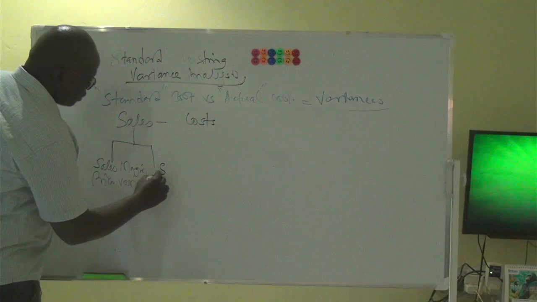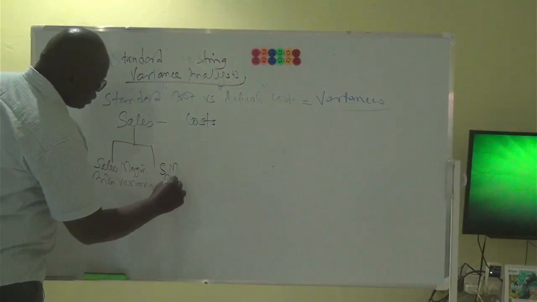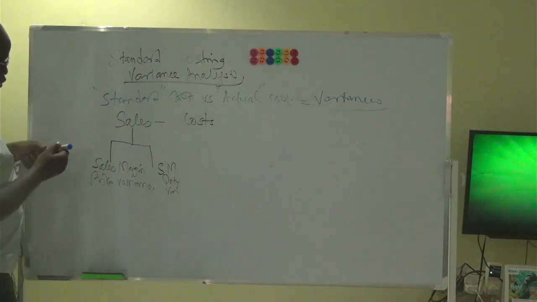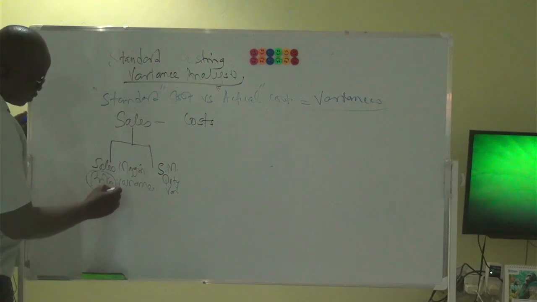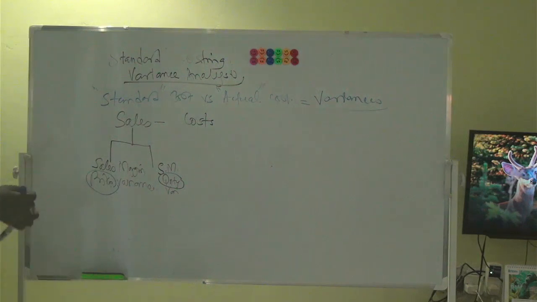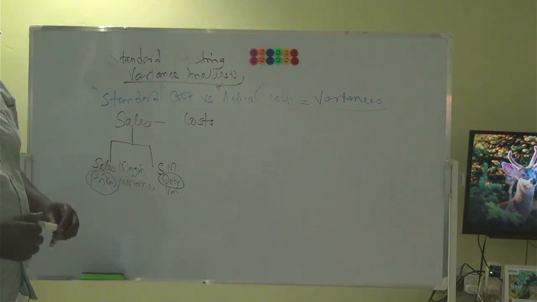Let me abbreviate it: sales margin quantity variance. So one of them relates to the price, the other one relates to the quantity.